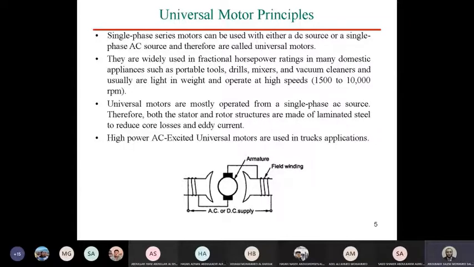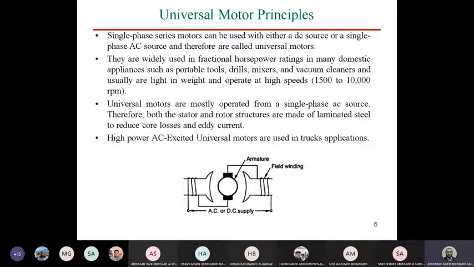It's one type of the single phase induction motor called split phase. If we connect the split phase windings together in series, this will act as a universal motor. Sometimes this motor is called an AC commutator motor.